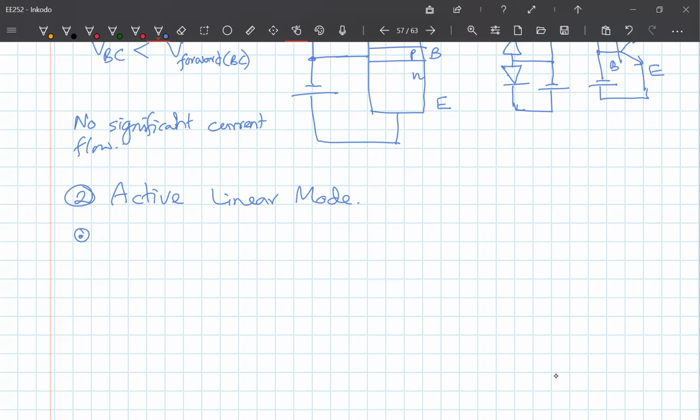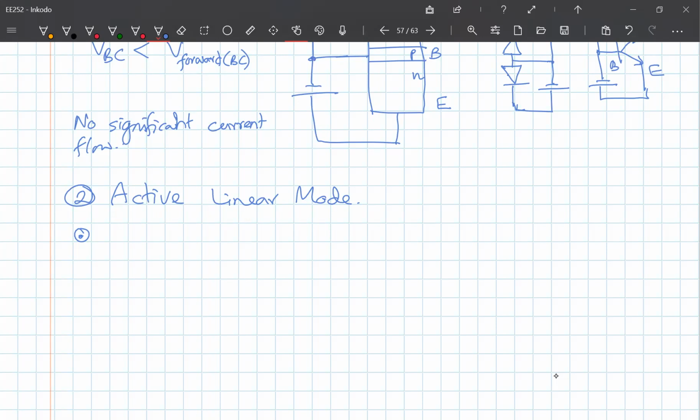However, remember in this transistor BC and BE are not the same because they are not equally doped. So in designing the transistor, it is designed assuming that BE will be in the forward bias and BC will be in the reverse bias direction.